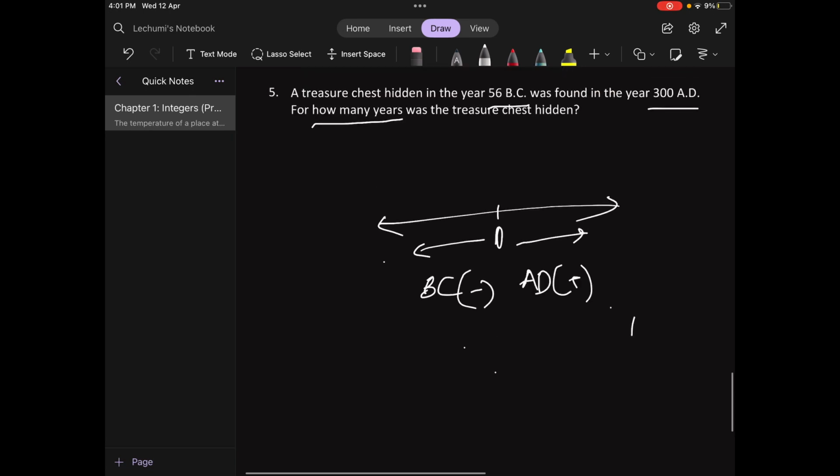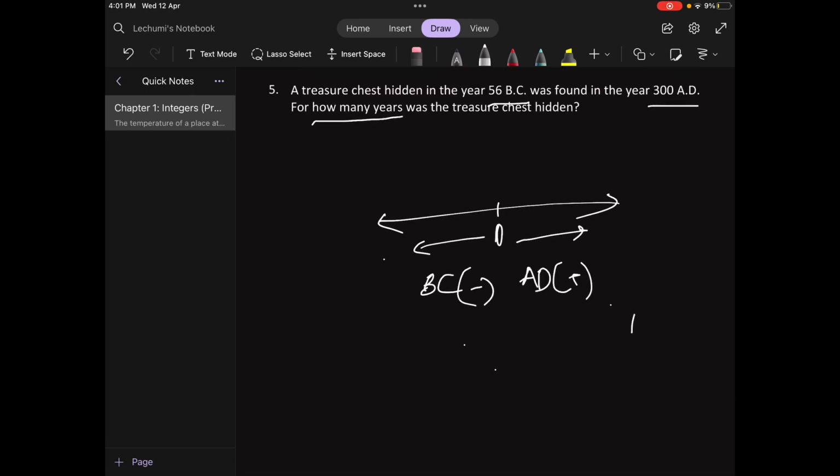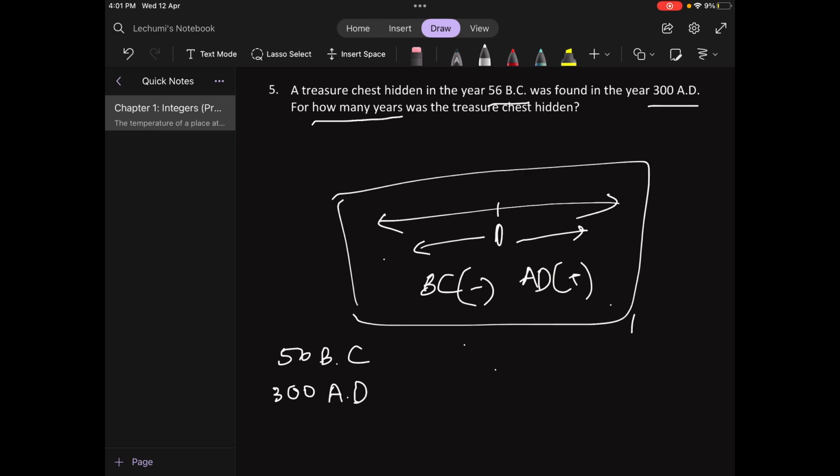So let's see. 56 BC is the first information. 56 BC. And then 300 AD is the second information. So for this question, there isn't much of a visualization, because from the number line itself, you can already see how it looks per se.